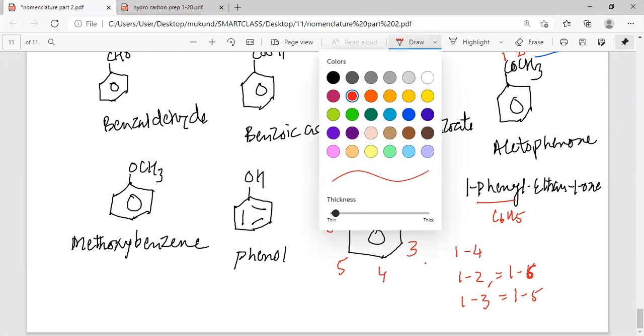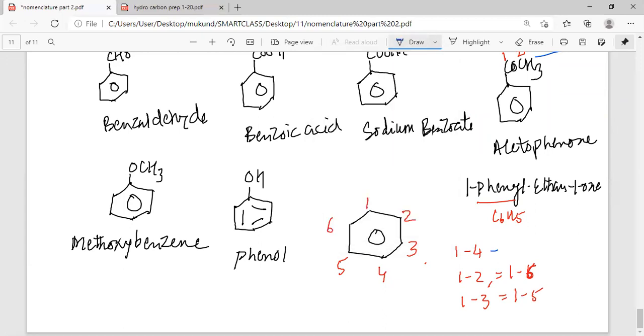And these positions are given names: this 1,4 position is known as para, in short written as P. 1,2 and 1,6 is known as ortho, in short written as O. 1,3 and 1,5 is known as meta, in short written as M. So this is how we can move forward for ortho, para, and meta.